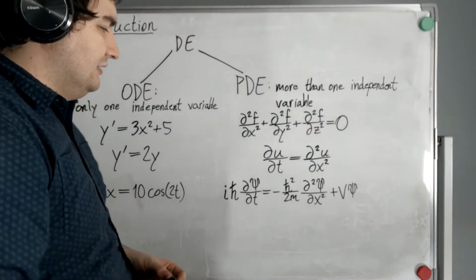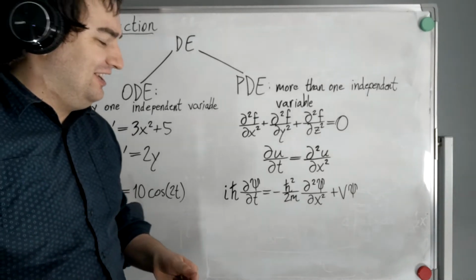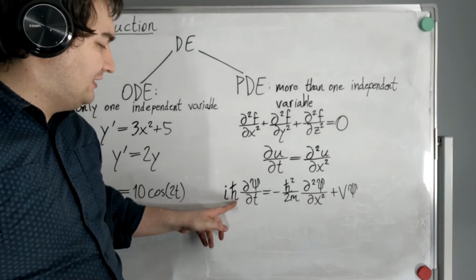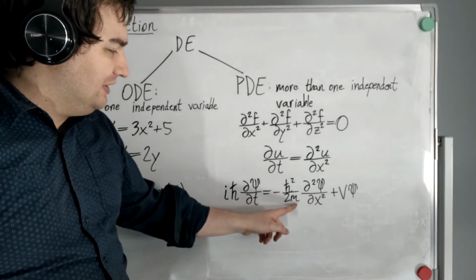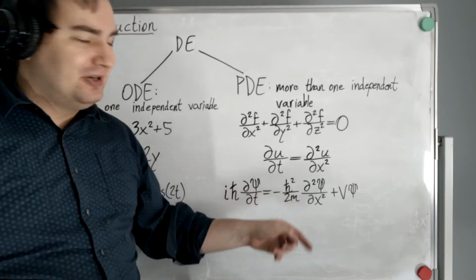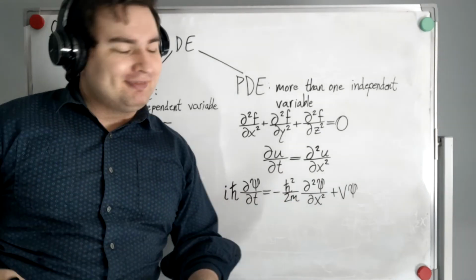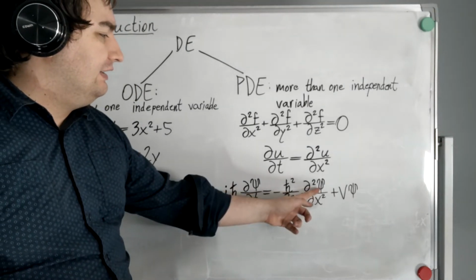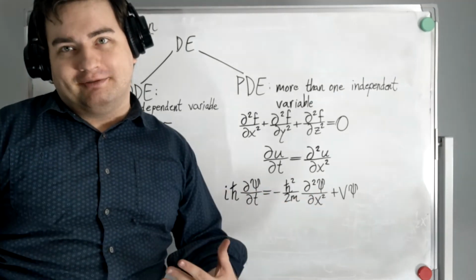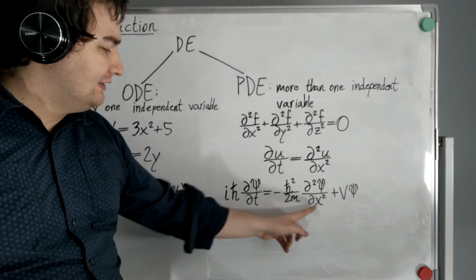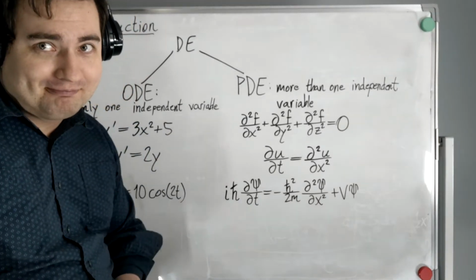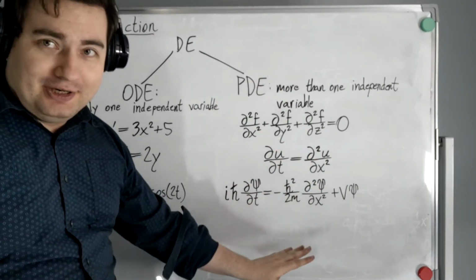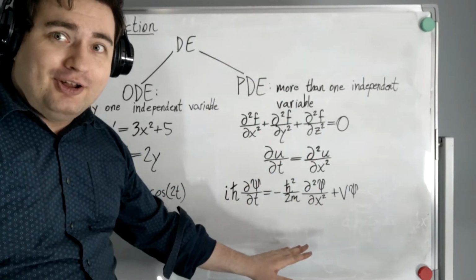And this thing is a mess. It might look like a mess to you because h bar is a constant, i is a constant, m and v are supposed to be dependent on the system that you're working with, so they're constants as well. Psi is supposed to be the dependent variable here. It depends on both x and t. Okay?